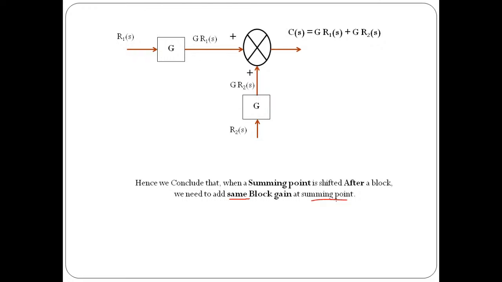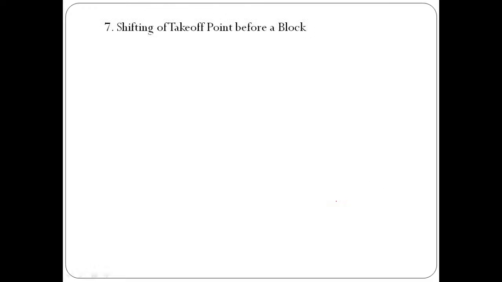If you have done with this, now let us move and understand what will happen when we are shifting the position of the takeoff point. Because I told you that in a block diagram, we have two main points. First one is the summing point and second one is the takeoff point.